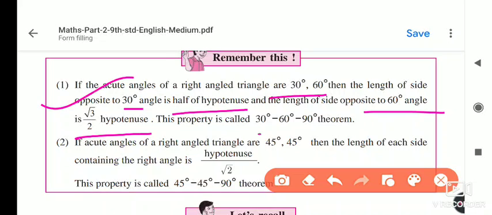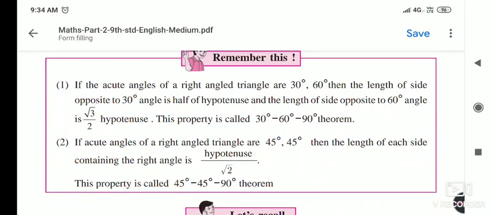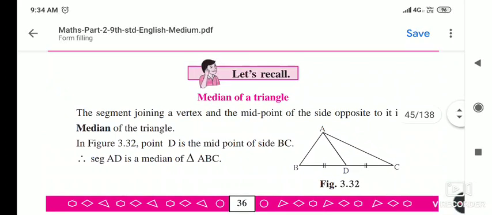This is the 30, 60, 90 theorem. And secondly, in a right angle triangle where the angles measure 45, 45, the length of each side containing the right angle is hypotenuse upon root 2. That we studied today, and you have to note down this point also.